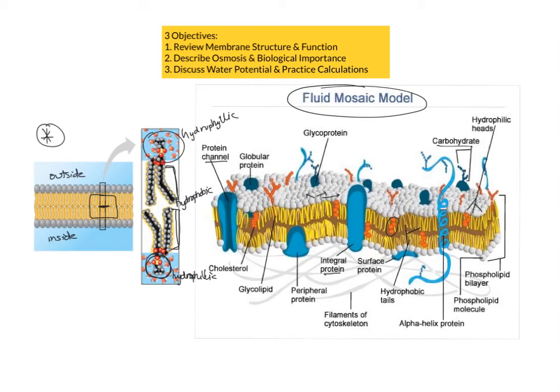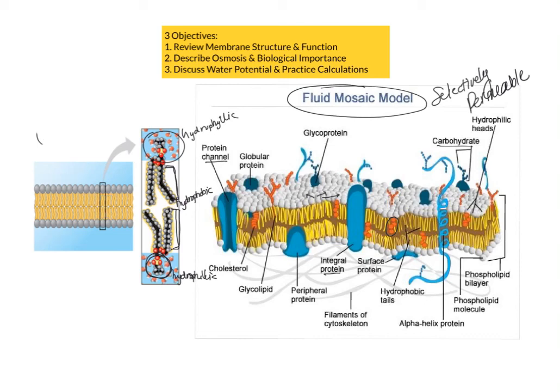Okay, so considering the properties of phospholipids, we then started thinking about how this membrane is known as being selectively permeable. Selectively permeable, meaning that only certain substances can pass through readily.